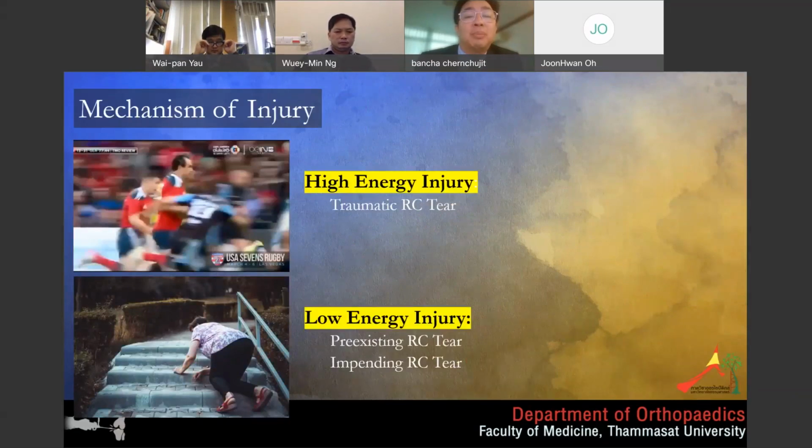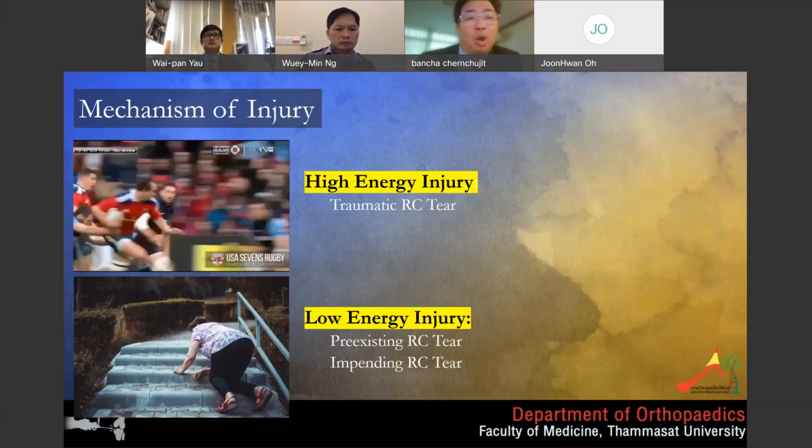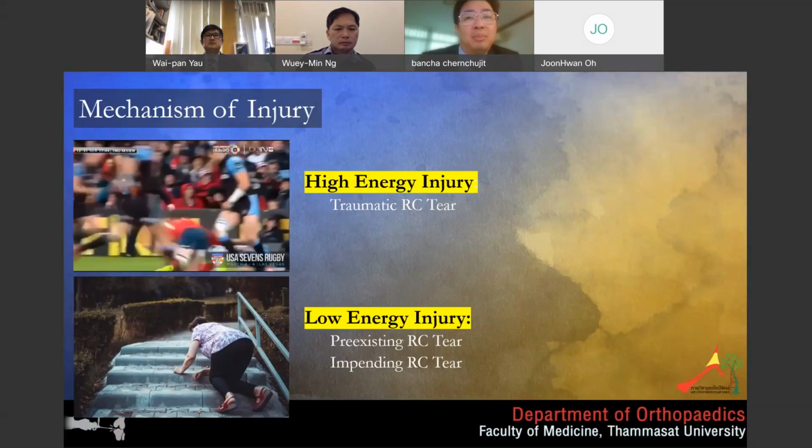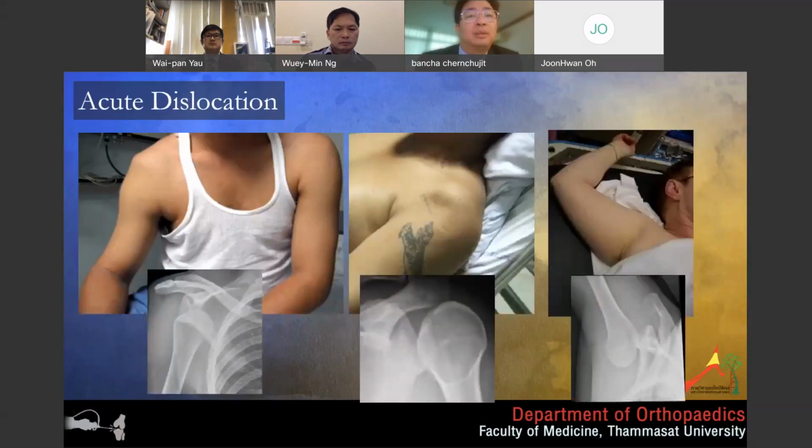About the mechanism of injury. In the elderly, it is always low energy trauma, which is different from the young, who have high energy trauma like sports injury or traffic accident. So this is less common in the elderly. Most of the time, it is very low energy trauma.